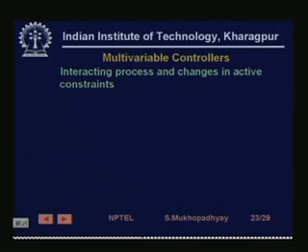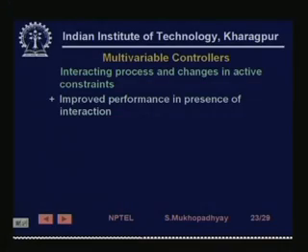On the other hand, if you have multivariable controllers, then process interactions as well as constraints are handled very seamlessly. Things like MPC, model predictive control, which are very popular in the industry today, are control methods designed to handle multivariable processes with interactions and constraints. We did not study MPC.